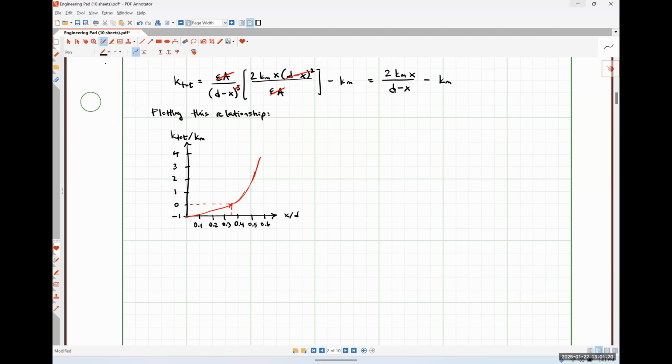So essentially what we'll find is that any displacement greater than x is equal to d over 3 yields a positive total spring constant, meaning that Ke is greater than Km, and this is indicative of instability in the system.